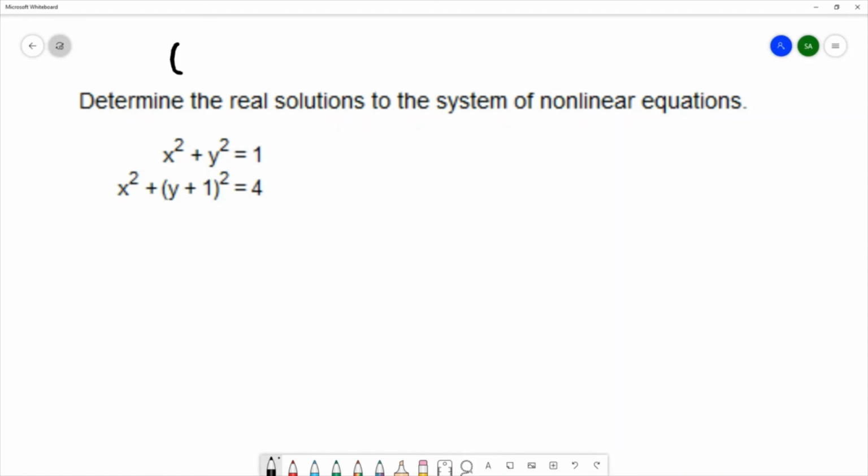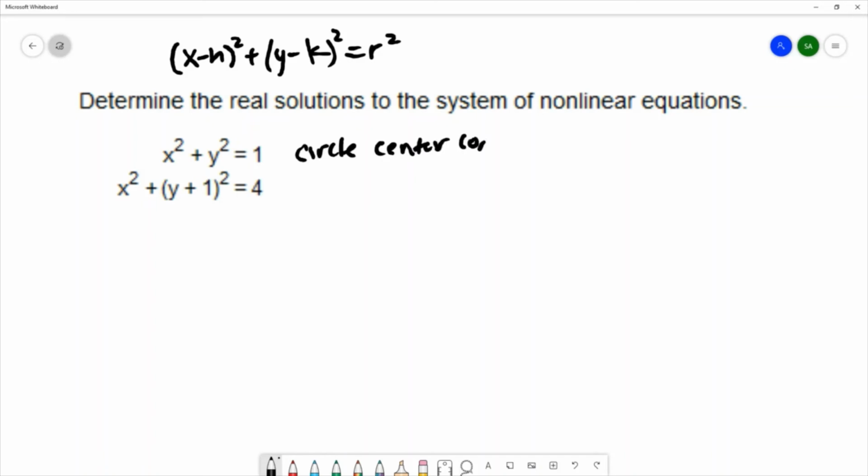So the standard form of a circle is (x minus h) squared plus (y minus k) squared equals r squared. So that first equation is a circle with center 0, 0 with a radius of 1. And the second equation is also a circle with center of 0, negative 1 with a radius of 2.